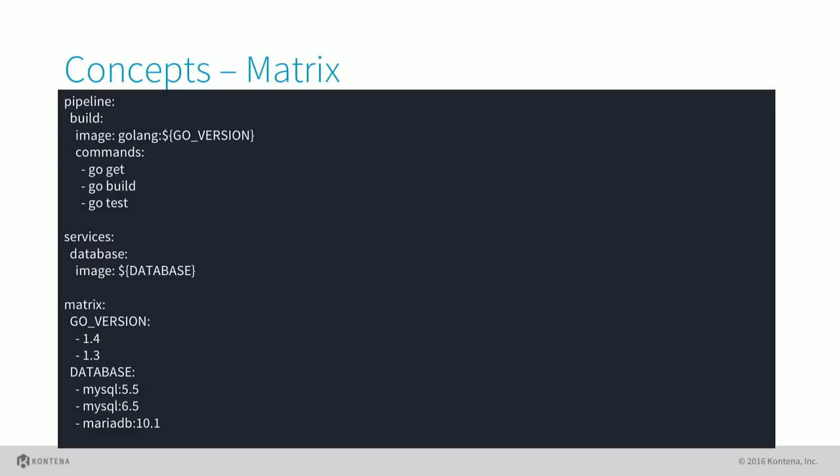So whenever you are making an application that you want to make sure runs with different language versions or framework versions and with different databases or different database versions, the matrix gives you a really easy way to configure the build so that it actually executes the tests and build against these different combinations of configuration.